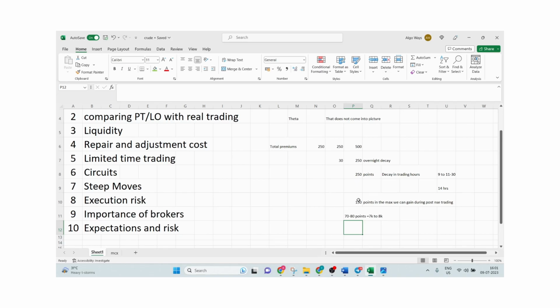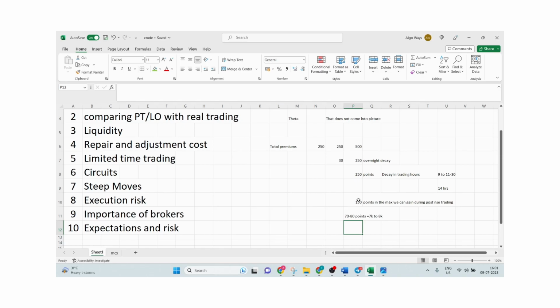Sometimes if it's directional, we may gain 10,000 rupees in a day. But the win ratio of such strategies is 30-40%. On the rest of the days, 60% of the days, we will be losing if it is not a very good strategy or we are not very lucky. So 7 to 8k is the maximum we can think of from any strategy in MCX.